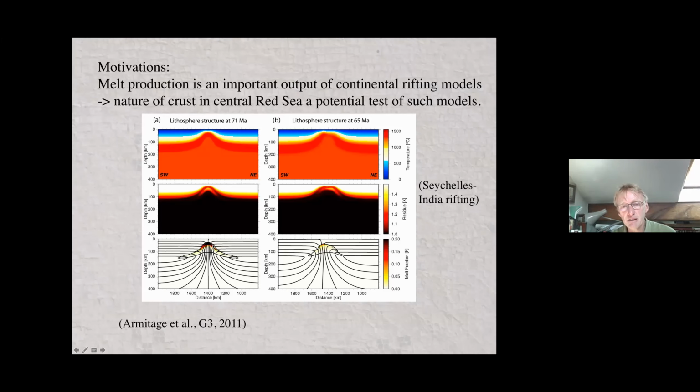And people have been interested in margins, trying to image the amount of melt that's produced, and maybe you can link these models with those observations. But those observations have almost entirely been on old margins. Wouldn't it be nice to know more about this process as it occurs in a modern setting like the Red Sea? Perhaps we have a basin that's in this stage.